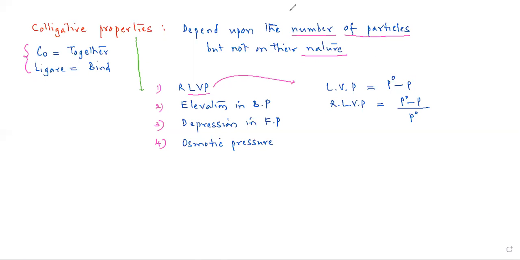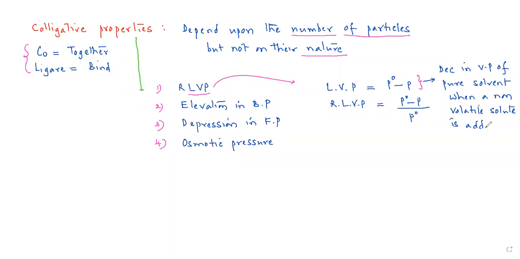Now this LVP can be given as the decrease in the vapor pressure of the pure solvent when some amount of a non-volatile solute is dissolved in it.